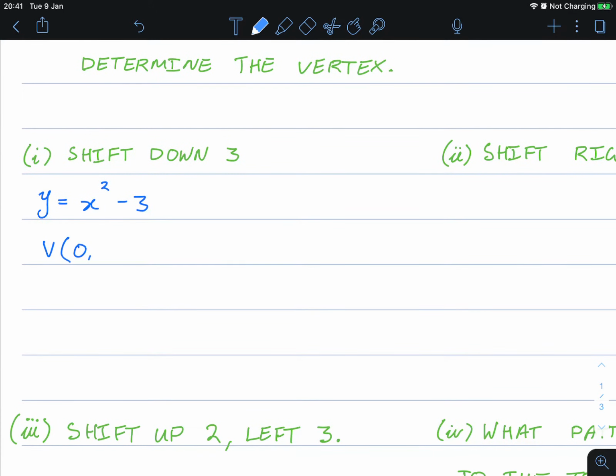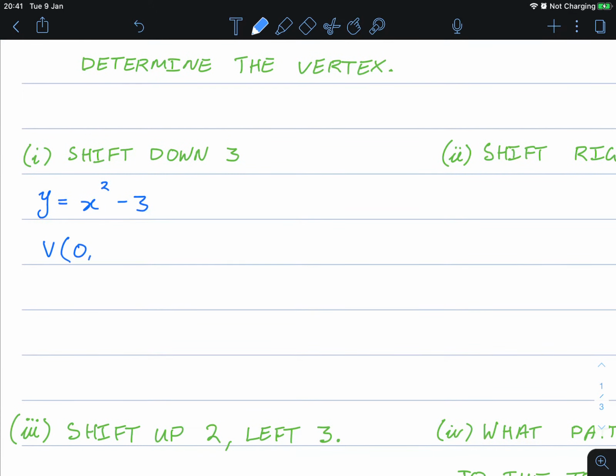If we're shifting to the right 4 spaces, we're letting x become x minus 4. So this becomes y equals x minus 4 squared. Considering this position here, it's moving 1, 2, 3, 4 to the right.